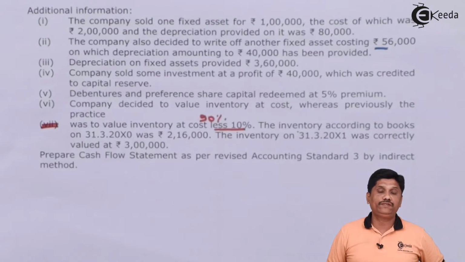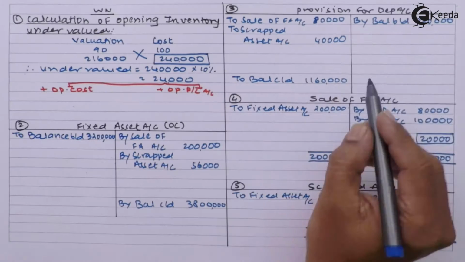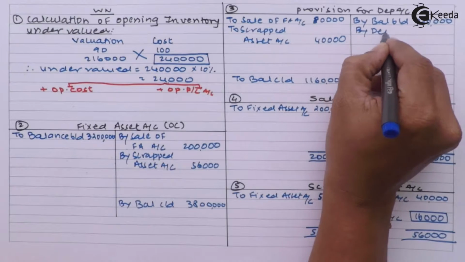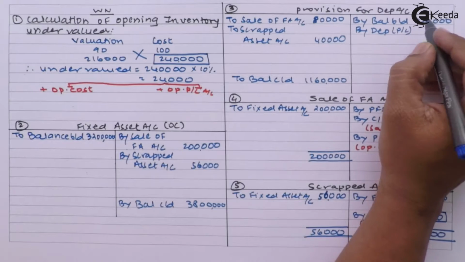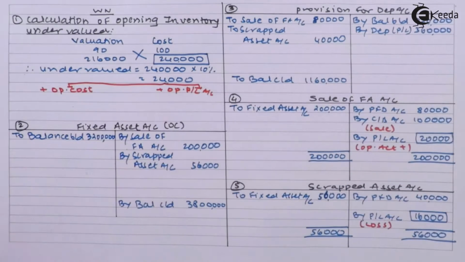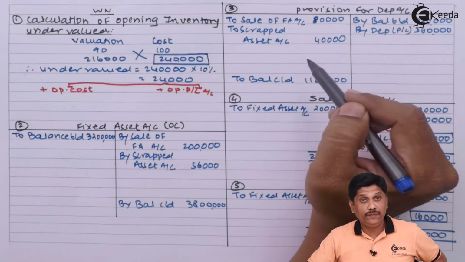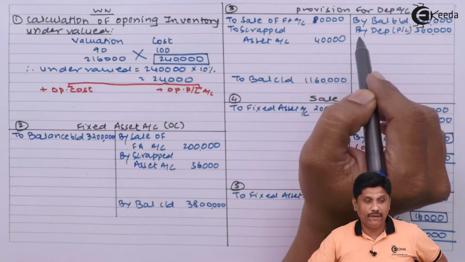So when you provide the depreciation, your entry will be depreciation or P&L account debit to PFD account. This depreciation debited to the P&L account, which is non-monetary item, non-cash item, so I will add back.